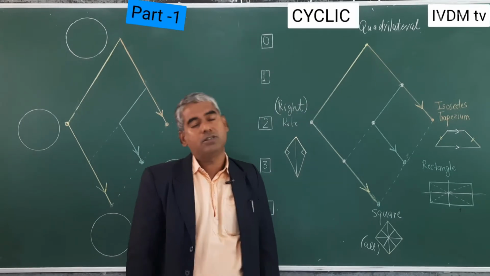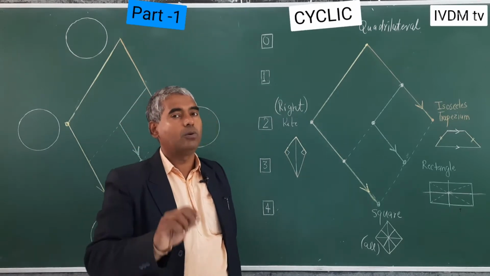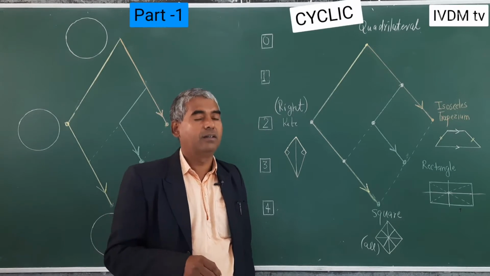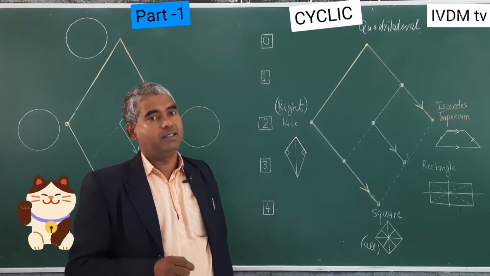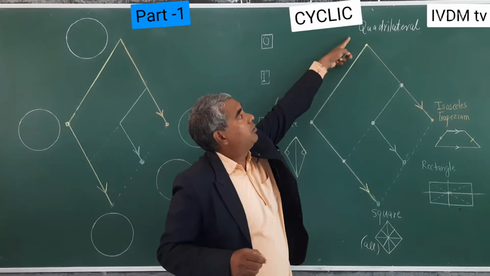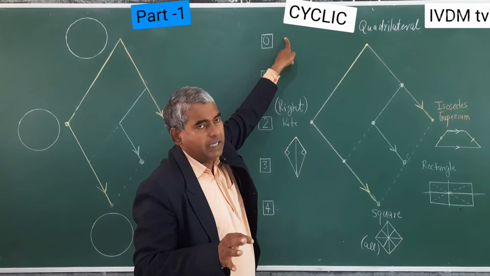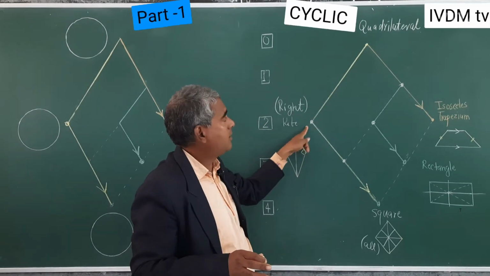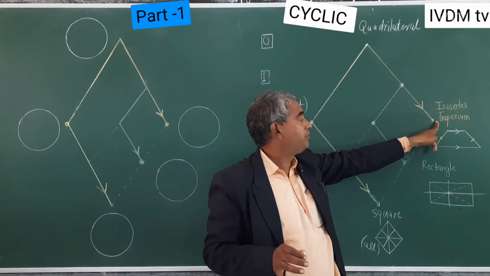0 means quadrilateral, only 4 sides. In class 6 it is taught what a polygon is: a simple closed figure having 4 sides is called a quadrilateral. So this is the only definition, nothing special, only 4 sides. Then the specification starts with the kite, and first the trapezium and then the isosceles trapezium.